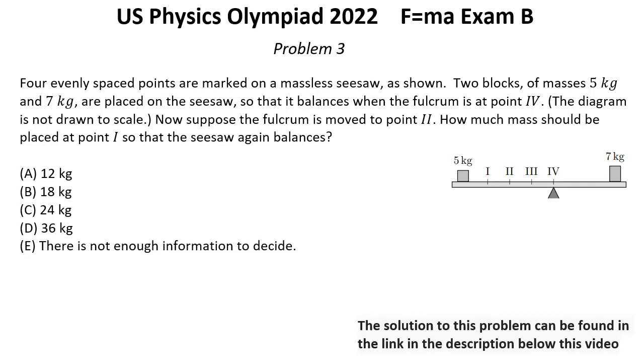After the fulcrum is moved, balancing torques about point 2 implies that the new mass should have a weight double this 120, which is 240, because the distance from point 2 to point 4 is twice greater than the distance between point 2 and point 1. So the mass must be twice greater, which is 24 kilograms. That's answer C, and that was the solution for problem number 3.